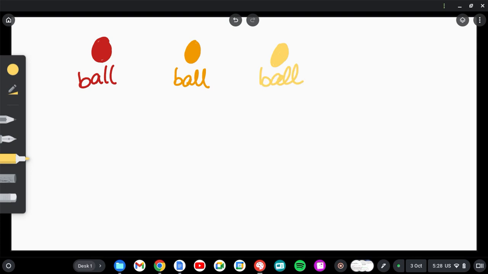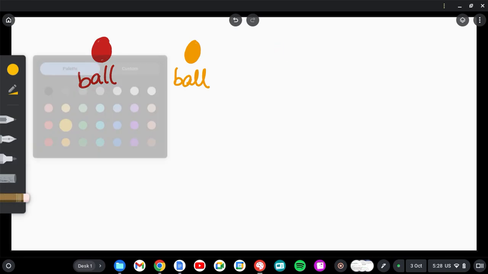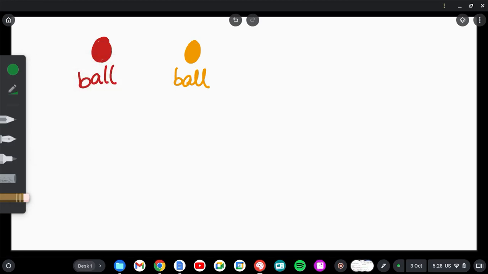If you cannot see, let me darken a bit. This is a green ball, for example. Something like that. Very colorful, all traffic light, right?